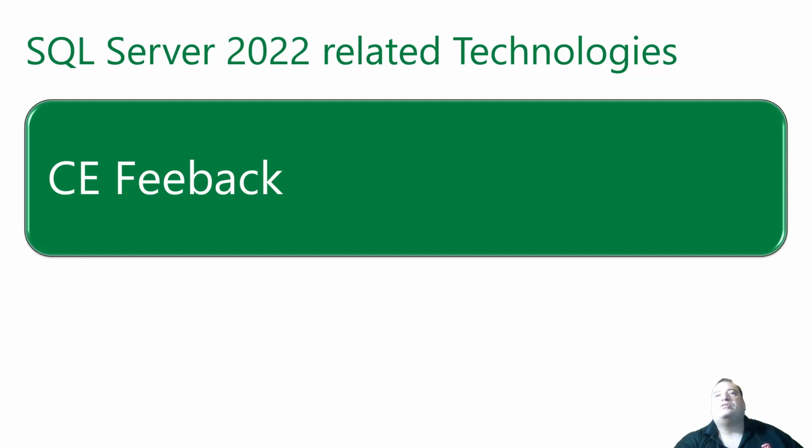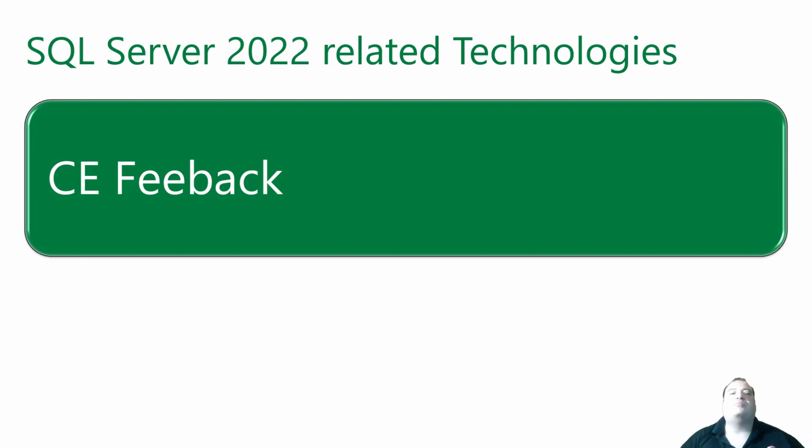And how is this feedback applied? Using query store hints. So what I'm highlighting here is that new and more intelligent query optimization features are using the query store hints. Query store hints is becoming a foundation for new features.